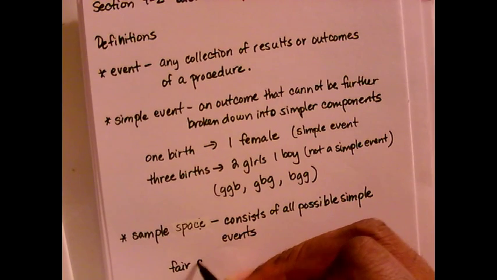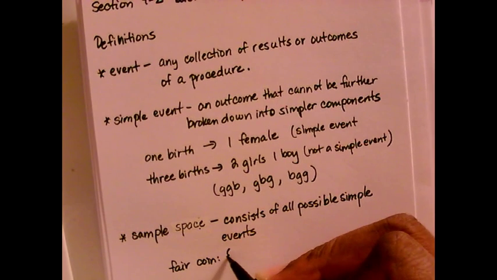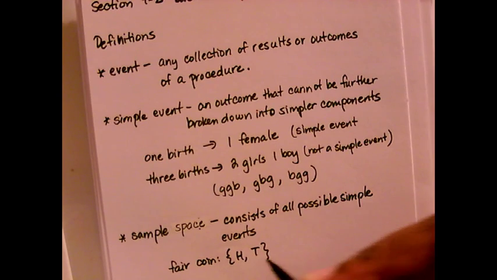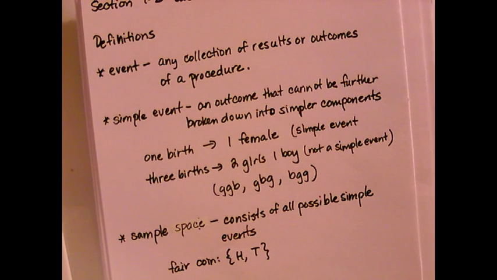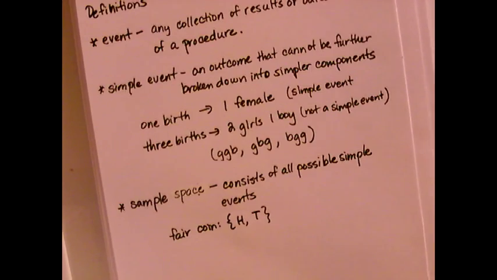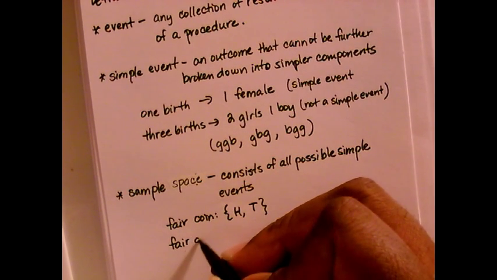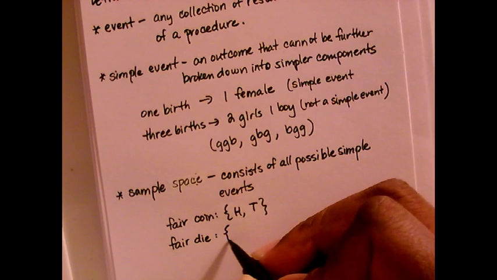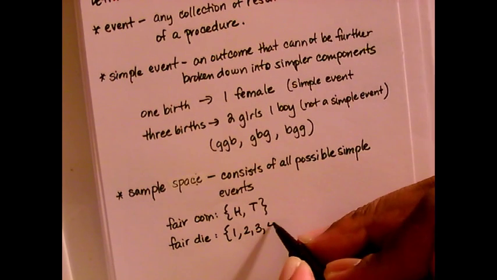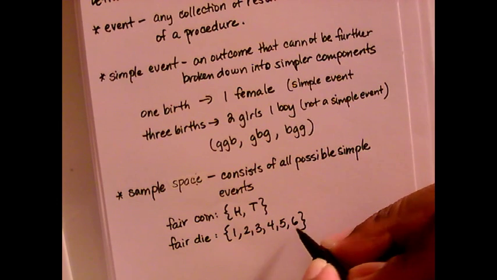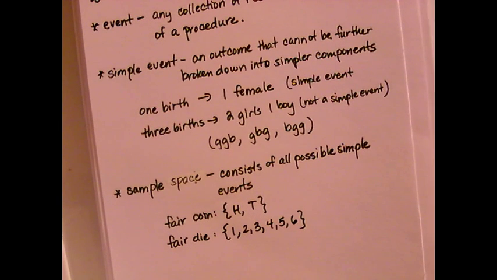So in this case, a fair coin, its sample space would just be heads and tails, because you only have 2 faces on a coin, heads or tails on a fair coin. Now for a single fair die, here's your sample space. There's 6 numbers on the die, so 1, 2, 3, 4, 5, and 6 would be the sample space for tossing a single fair die. Okay.